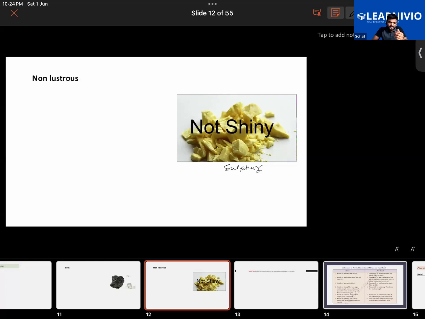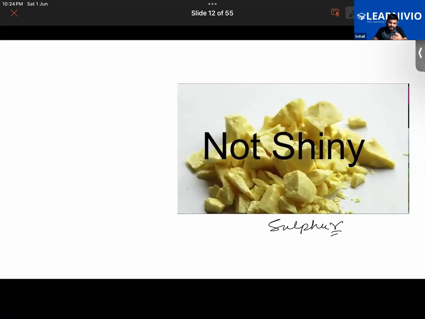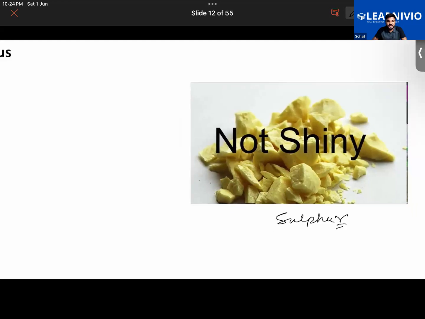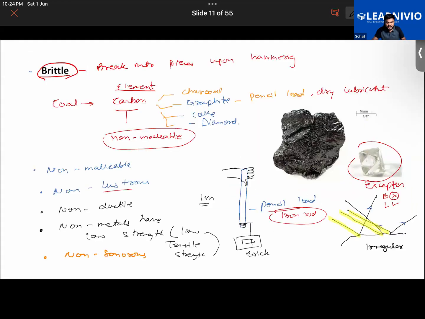But we have one exception, that is diamond. Most solid non-metals are soft. The exception you will count is diamond.